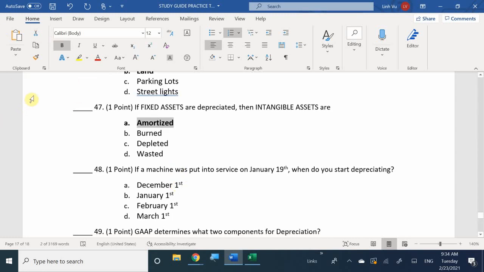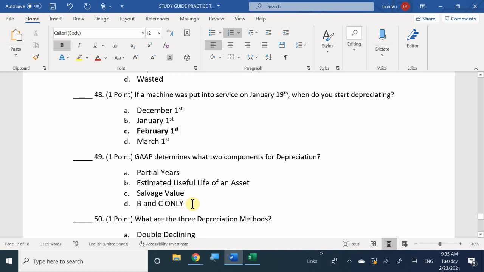All right, number 48. Okay, if a machine was put into service on January 19th, when do you actually start depreciating it? February 1st, because it falls after the first 15 days. So it's under 50% of the month. So in this case, it is going to be February 1st. Good.